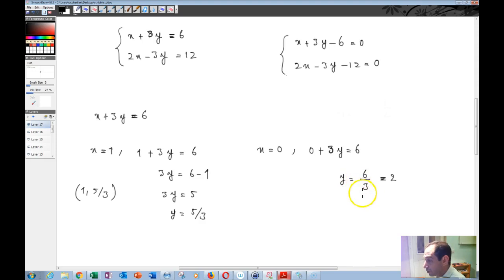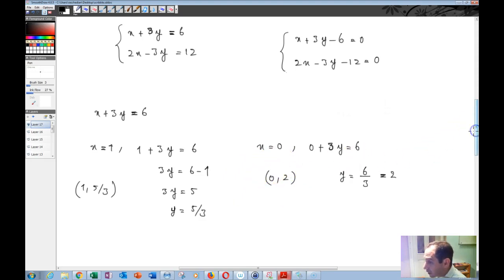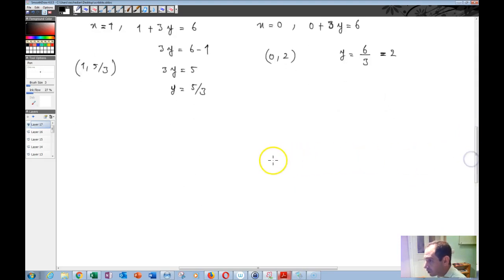Okay, so that means that the point (0, 2) is a point on the graph of the line, and now it's easy to find 0 and 2 on your graph paper, meaning that you could simply say that if this is 0 and (0, 2), this point would be the point over here.